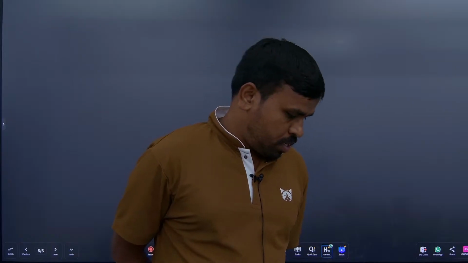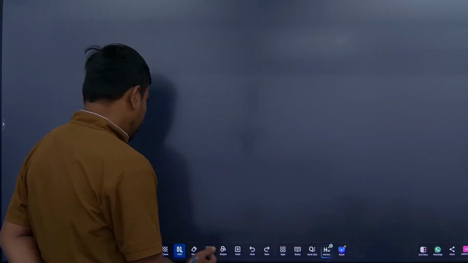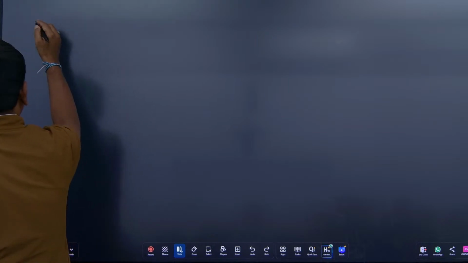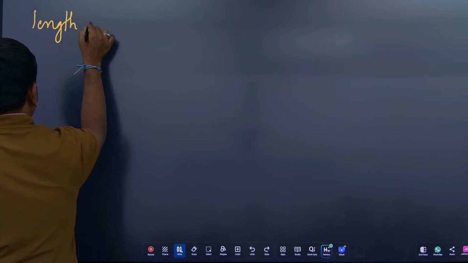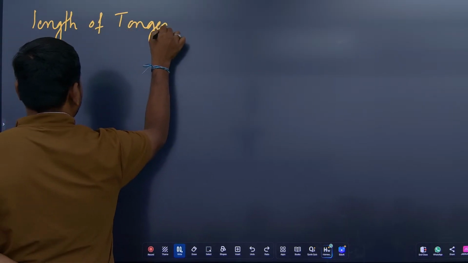Let me clear one small thing: the length of the tangent.